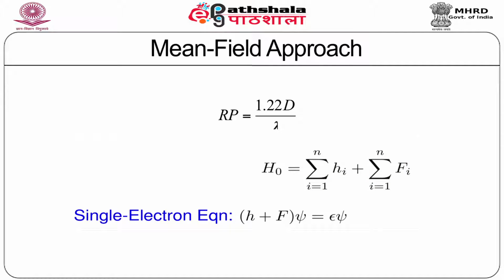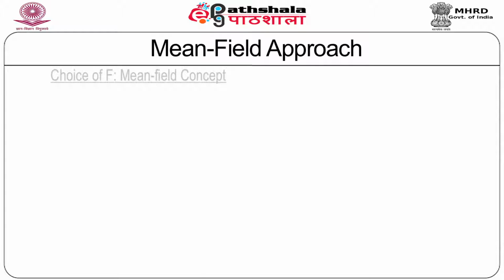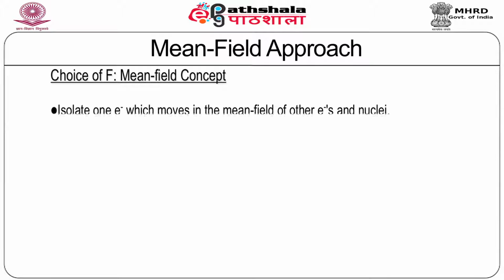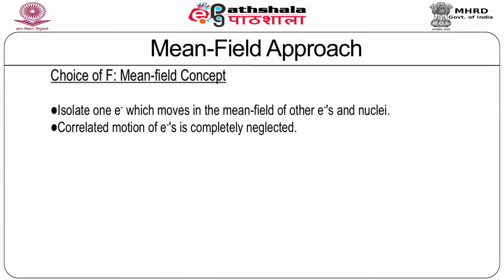The single electron equation in this case will be given by (little h plus f) psi equal to epsilon psi. Of course, one needs a prescription for how to choose f, which will be discussed later, but this introduction of f involves the concept of mean field.